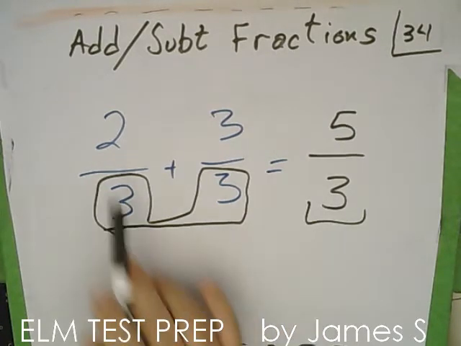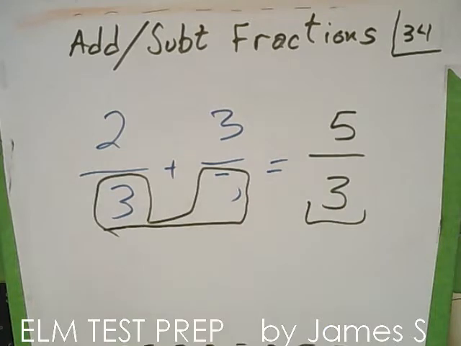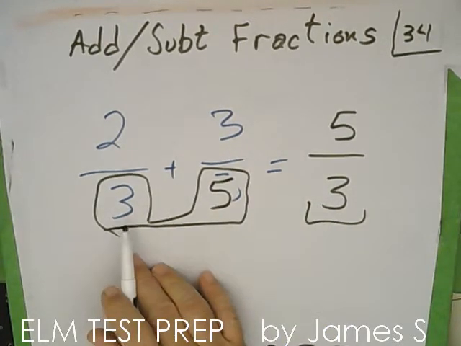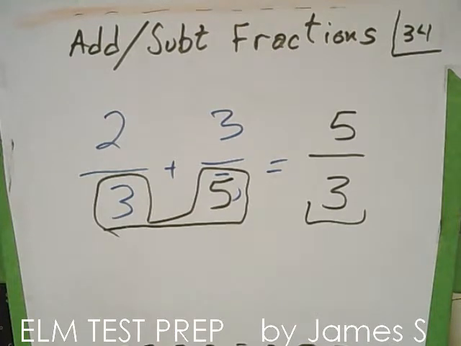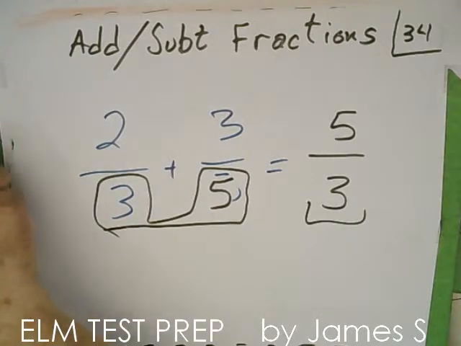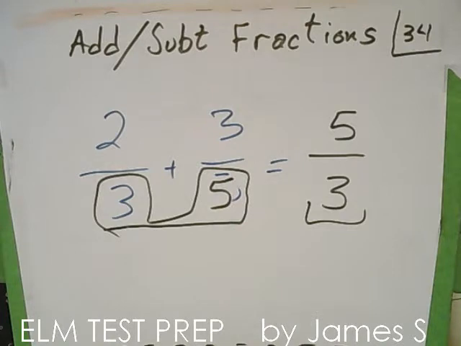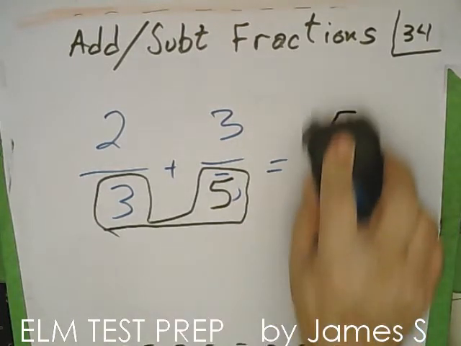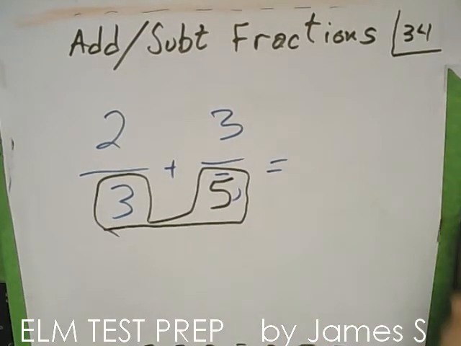If I had 2 oranges and 3 apples, that's all I'd have, unless I could somehow get the denominators to be the same. And of course, that's one of the things that troubles us with fractions.